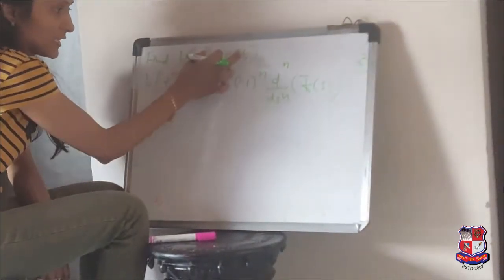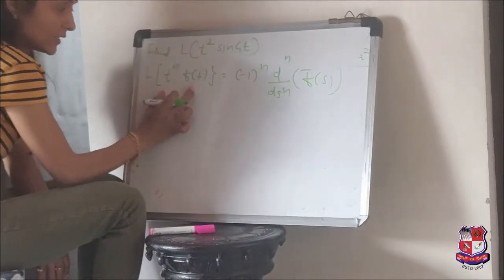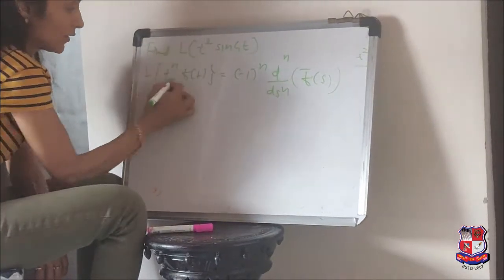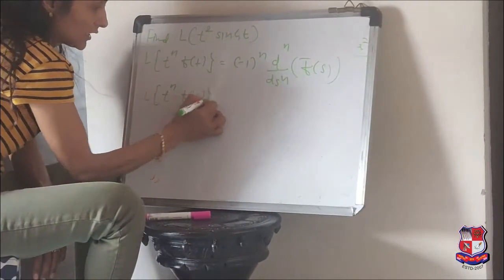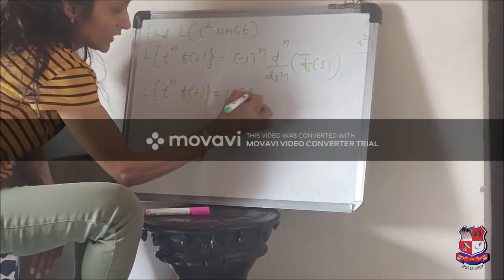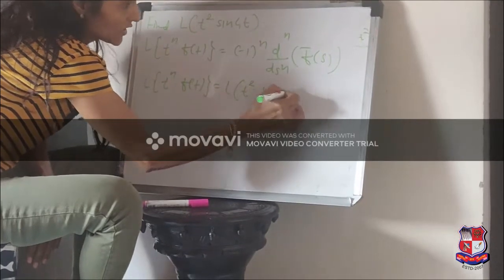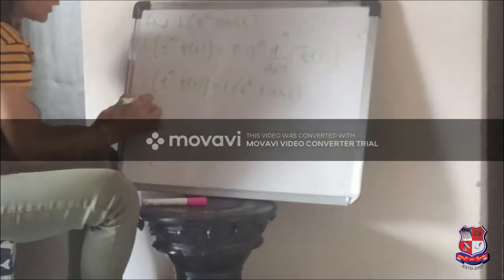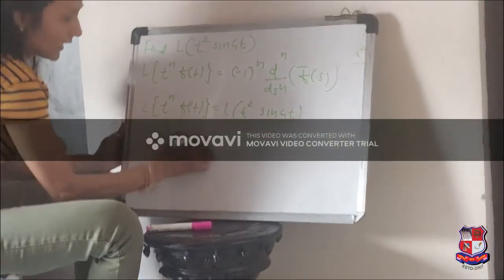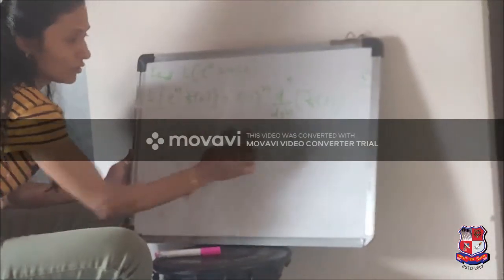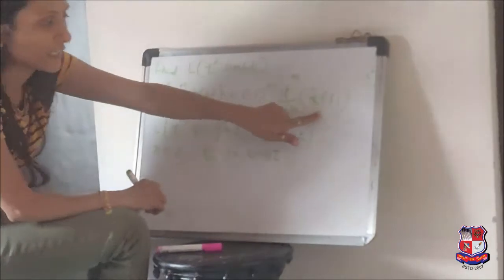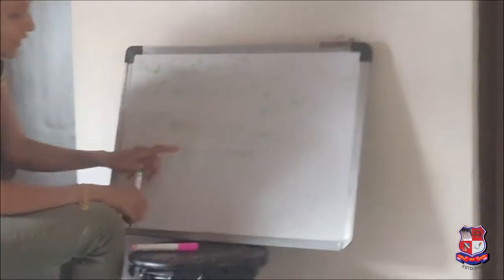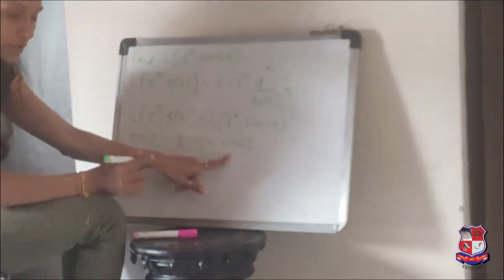Now compare this equation with our multiplication rule. Comparing t raised to n into f of t with L of t square into sin 4t, we can take n is equal to 2 and f of t is equal to sin 4t. We need f bar s here, that's why we take the Laplace transform on both sides.